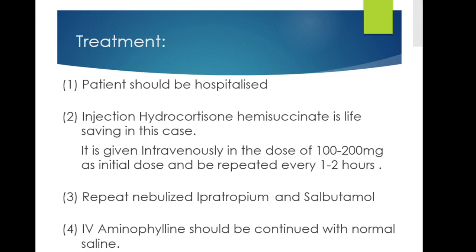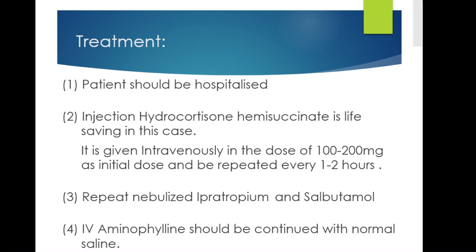Next, treatment of status asthmaticus. First, the patient should be hospitalized. Second, they should be given the life-saving drug, that is hydrocortisone hemisuccinate intravenously at a dose of 100 to 200 mg as the initial dose, repeated every 1 to 2 hours.